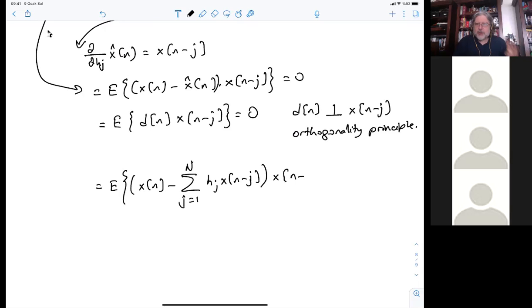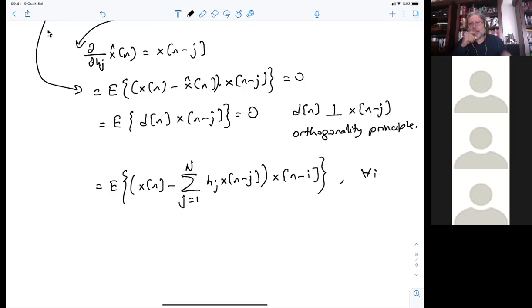Let me change one of the variables, either x of n minus j or the summation j. Let me change this one and make it i, which will give me, by the way, this is for all i, an optimization criterion for the ith coefficient, hi.